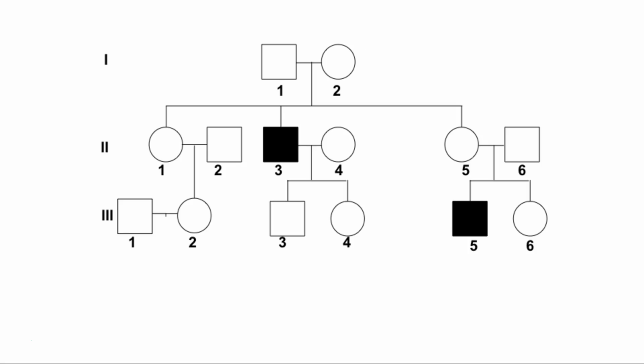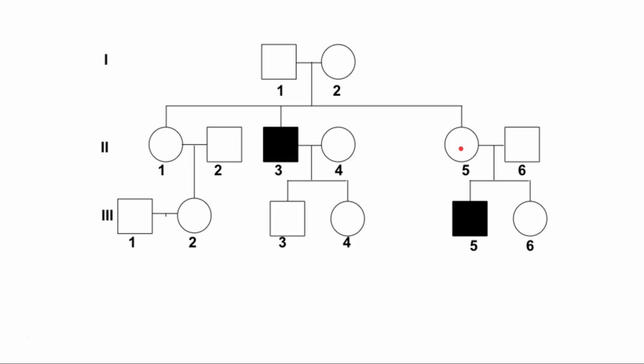So let's look at the next generation. This is definitely recessive. And we can start figuring out what people's genotypes are. So I can say with some certainty that both parents, 1-1 and 1-2, are heterozygous because they've passed this gene on to their offspring.